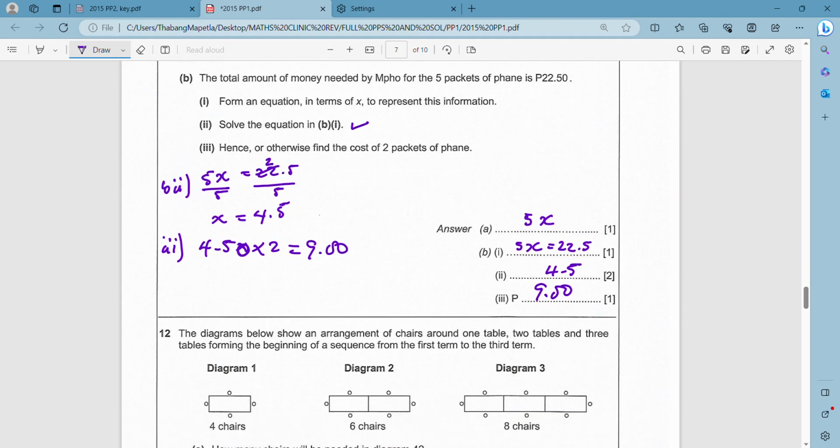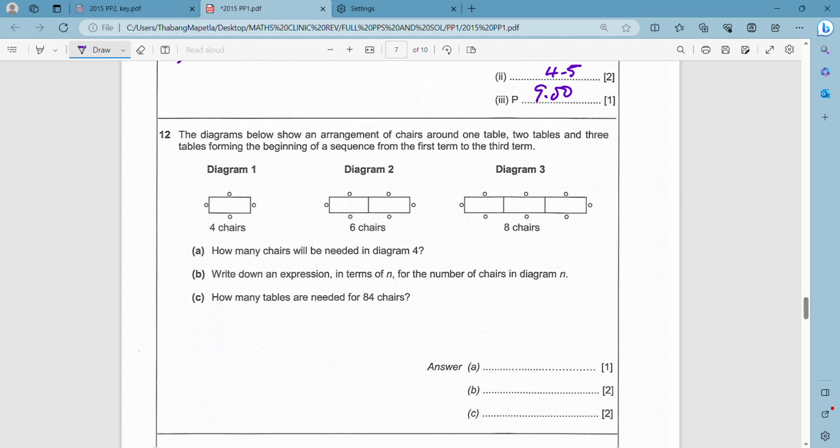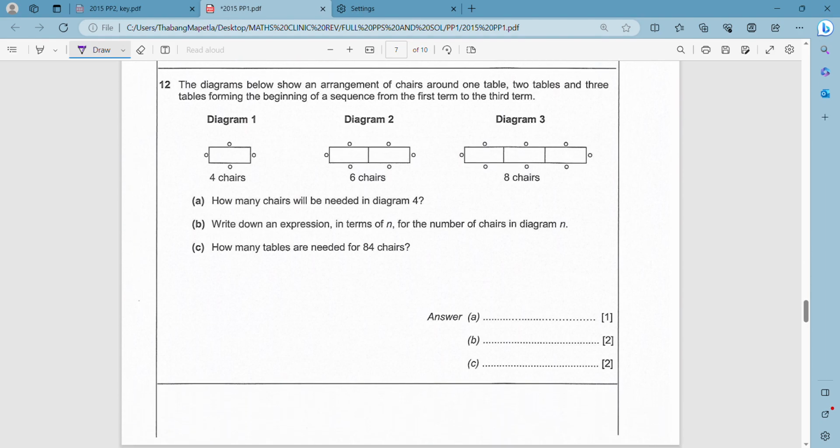So let's continue. Question number 12, it says the diagram below shows the arrangements of chairs around one table, 2 tables, 3 tables, forming the beginning of a sequence from the first term to the third. How many chairs will be needed in diagram number 4? First, how many chairs do we need in diagram 1?